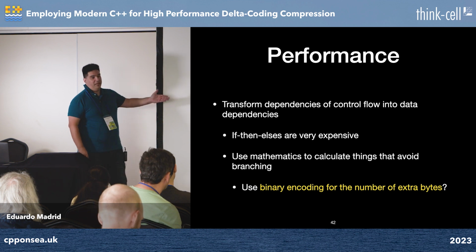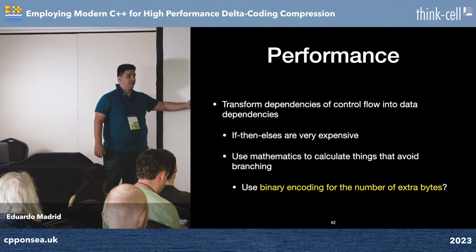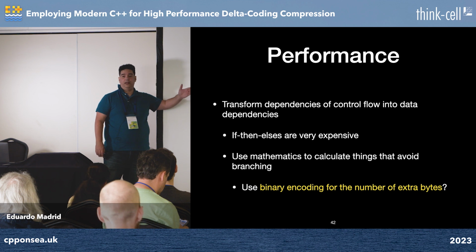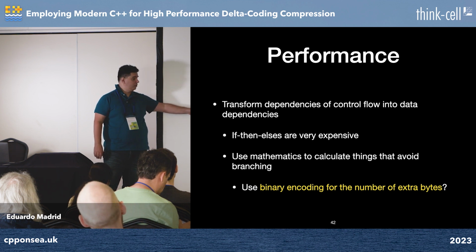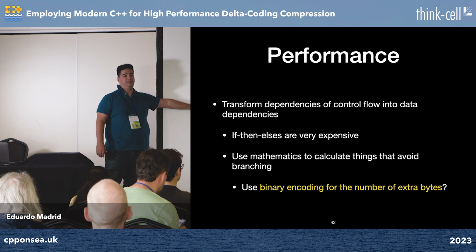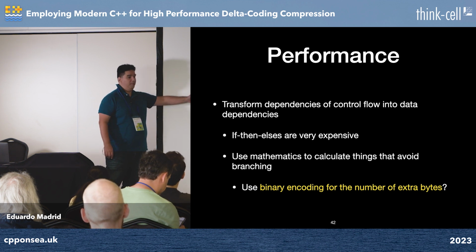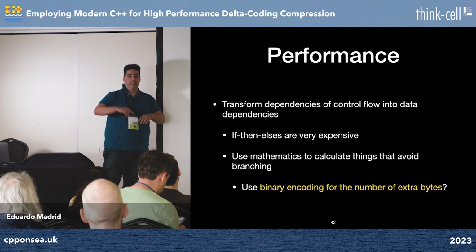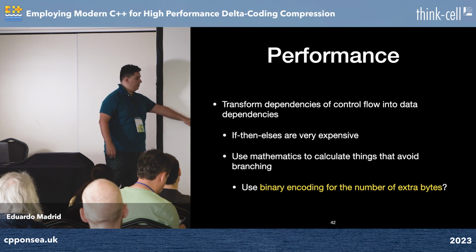Because branches are very expensive. Not only do you incur the risk of the branch predictor mispredicting, but also you tie up resources in the branch predictor even if the branches are never taken or the predictor always works. So it can be that it interferes with other parts of the program.